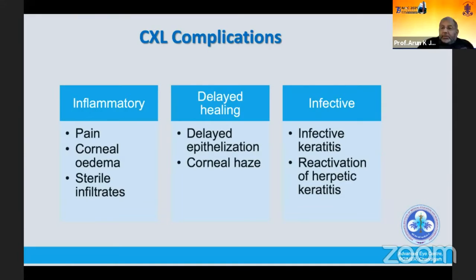And because of the delayed healing process, there could be delayed epithelialization, which can also lead to a corneal haze. And the third and very important one is the risk of infective keratitis and reactivation of herpetic keratitis.